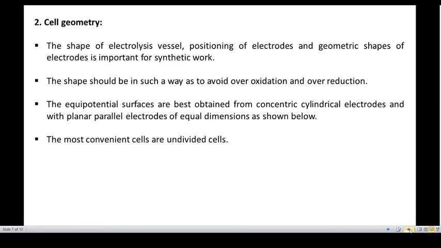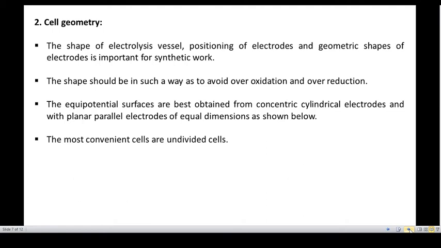That means you should consider a particular shape of the vessel, how to place the electrodes inside the cell, and the shape of the electrodes. The shape of the electrode is very important to avoid over oxidation or over reduction, because if it occurs, the expected product will not be obtained.